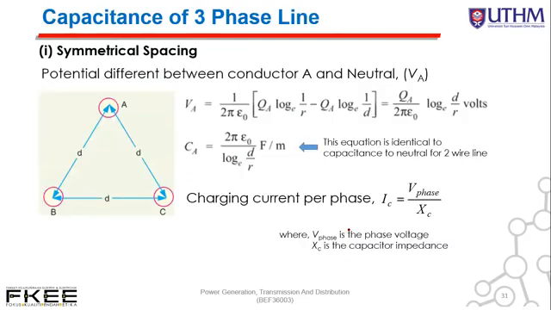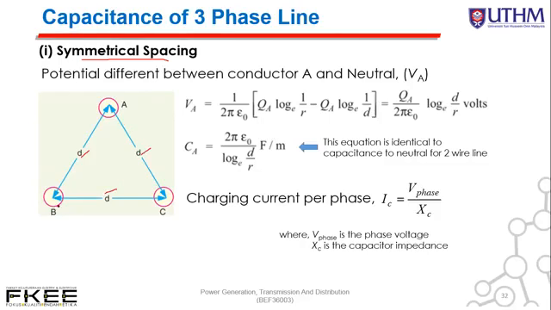Now we look at the case of capacitance of a three-phase line. Similar to inductance, there are two cases: first, symmetrical spacing, and second, unsymmetrical spacing. For symmetrical spacing, the distance is D for the three conductors.